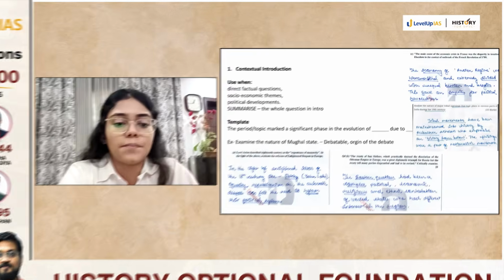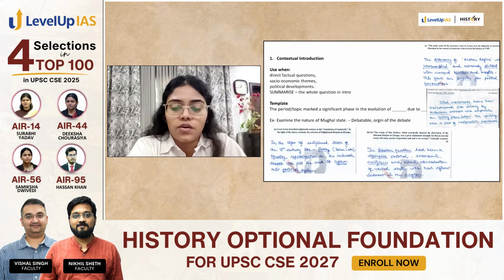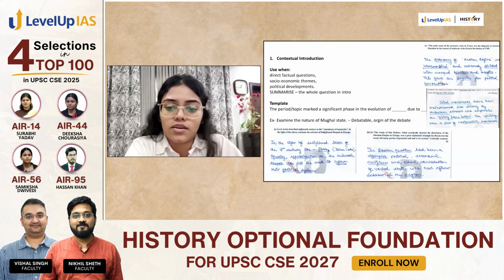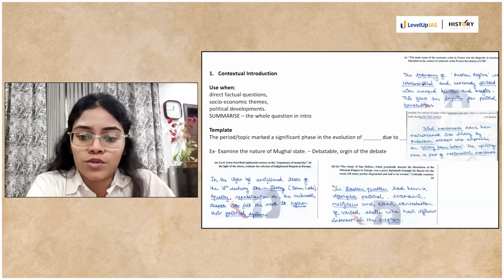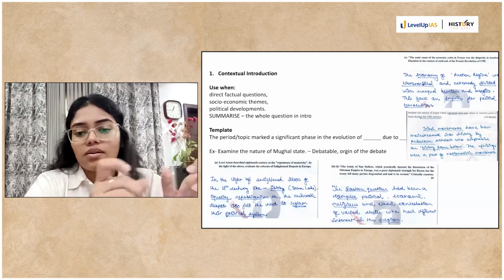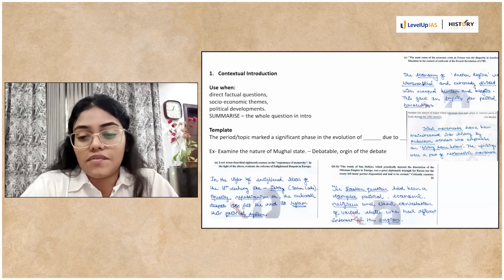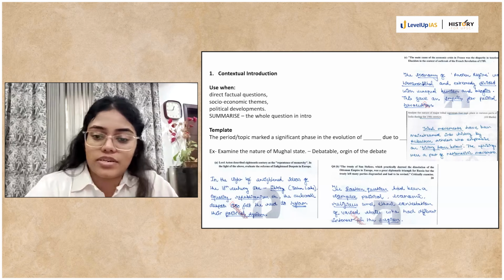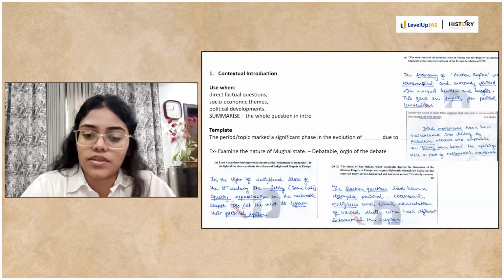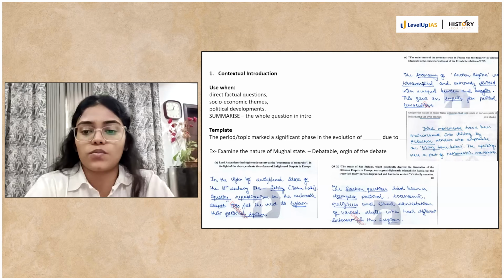I will take an example. This was the question of world history: the Treaty of San Stefano, which practically decreed the dissolution of the Ottoman Empire. Basically, the question is asking about the Eastern question, but the question is very difficult to decipher. They are very long, statement-based questions, but basically it is asking about the Eastern question.